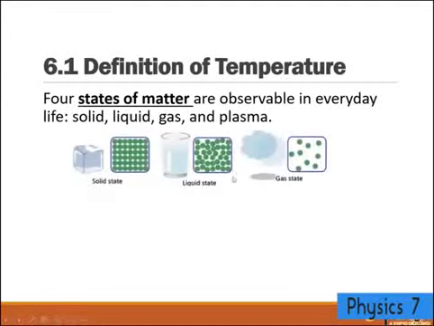When we talk about a substance, we're really talking about a material which is made up of small particles, and these particles are called atoms and molecules. Any type of substance can exist in one of four distinct forms, which we call states of matter. The four states of matter which are observable in everyday life are solids, liquids, gases, and to some extent, plasma.